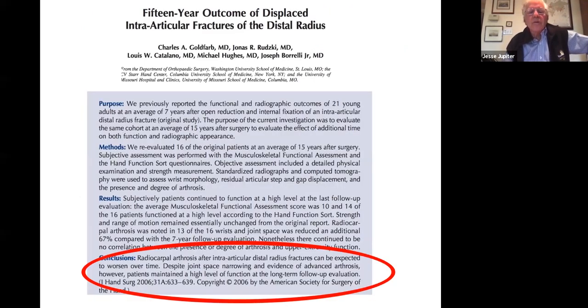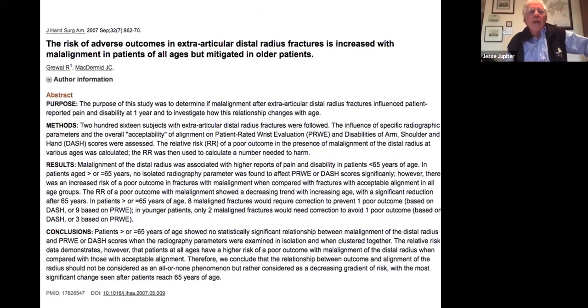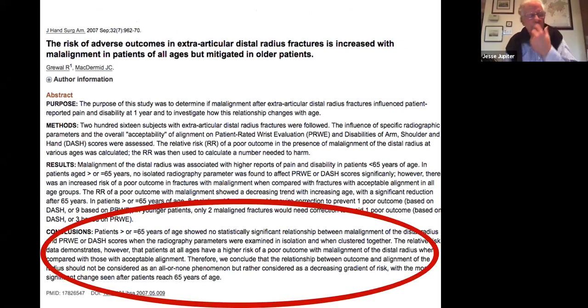And this was also confirmed in another study out of St. Louis and in a study out of London, Ontario, where they showed patients over the 65 seemed to tolerate it pretty well.